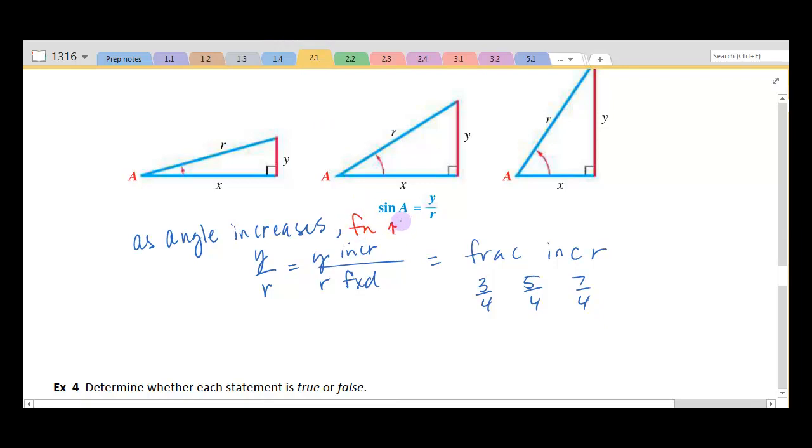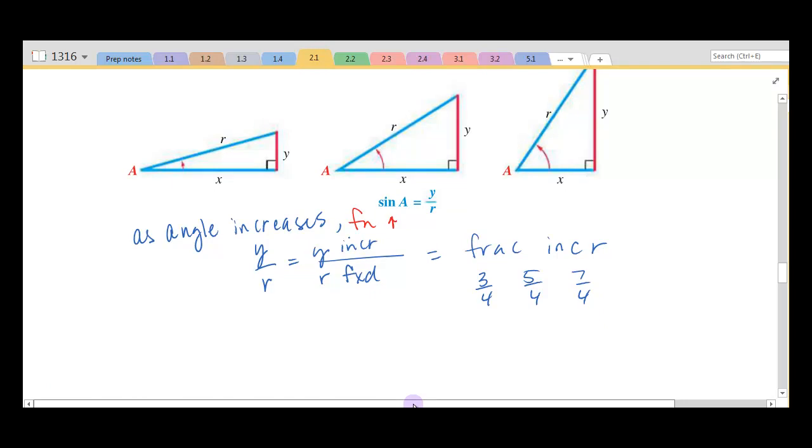will also increase. What if I wanted to keep with this concept, and instead of talking about the sine of angle A, what if I wanted to talk about the cosine of angle A? What's going to happen to the cosine of A as my angle increases? So we want to go back and look at, well, what is the ratio for the cosine? Cosine is x over r.